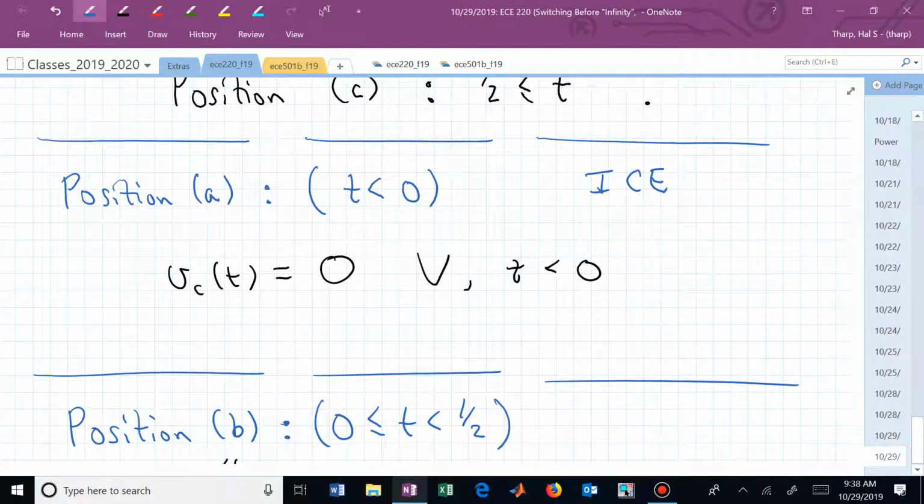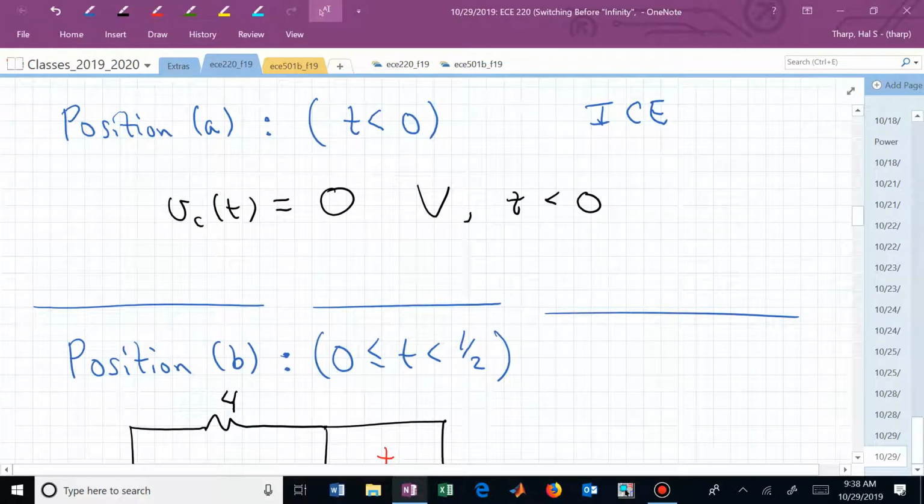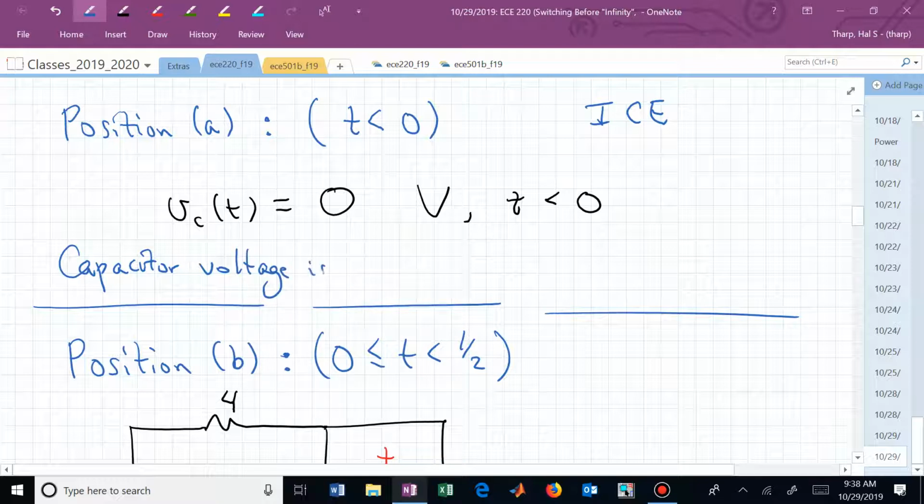One of those variables is special. And it's the voltage, because that's the state variable. So let's just remind ourselves of that. The capacitor voltage is a state variable.